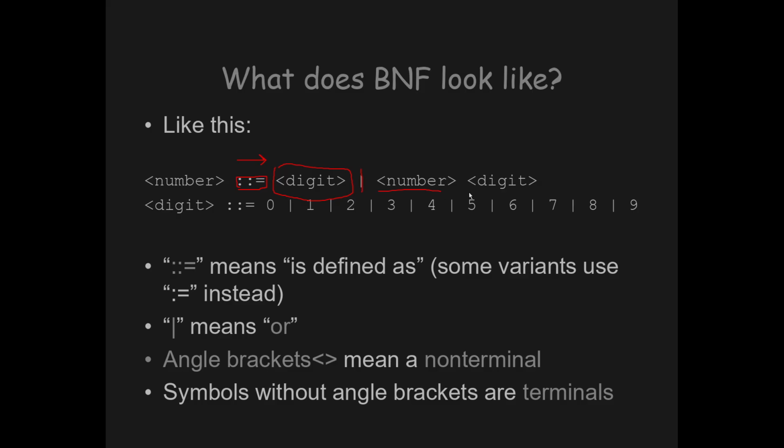This is another two variables. So if we were writing this as a context-free grammar, it would look something like N produces D or N D, right? And then for the digit here, we're going to have, for example, D produces 0 or 1 or 2 or 3 up to 9. Okay.